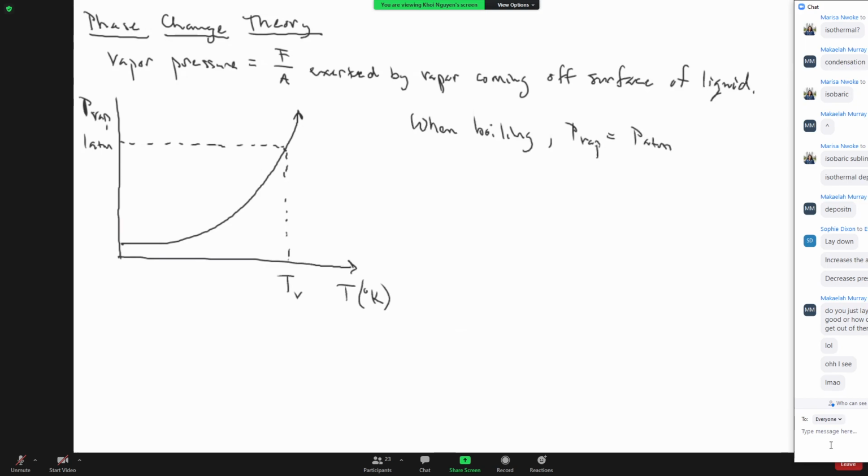So keep in mind there's gas molecules pushing down on this liquid. So when we have boiling, the amount of liquid coming up is equivalent to the amount of gases that are pushing down. Okay? So when boiling, P vap is equal to P atm, which is why when you go to higher elevations, you boil a lot sooner because your pressure for vaporization is reduced, right?